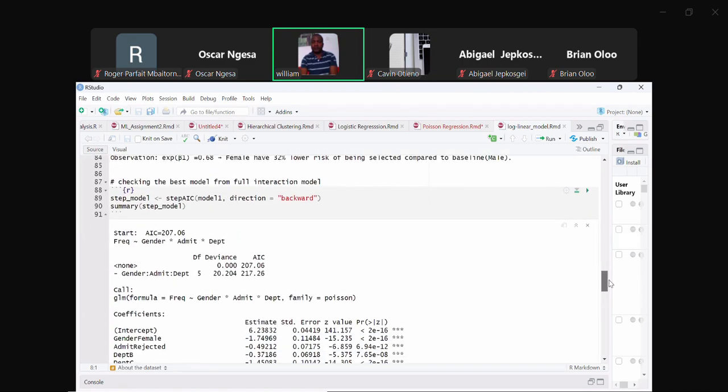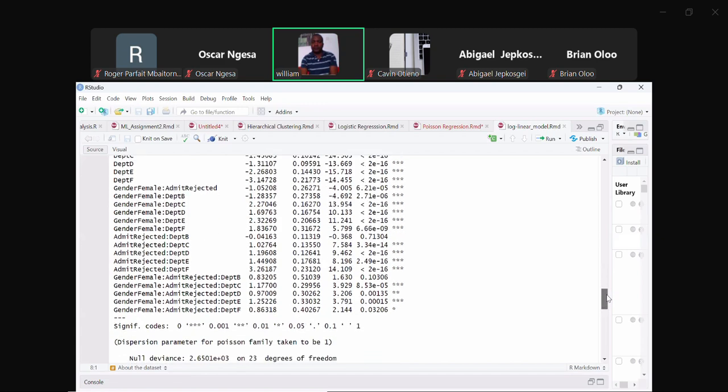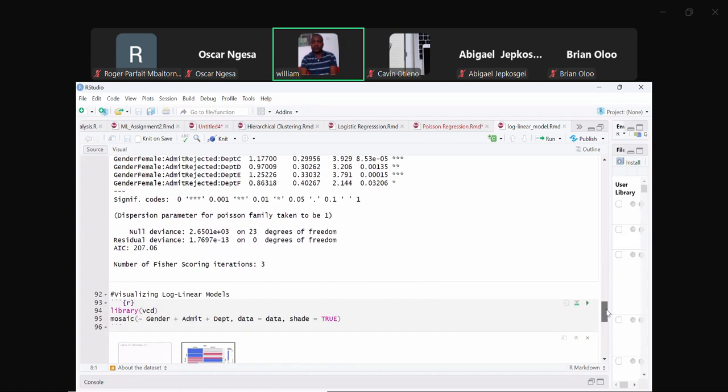Remember, if you want to know how many models you have, it's 2 raised to power n, the number of variables. So we have very many models, but here you cannot be specific, like which one is the best, but this is how you go about it.